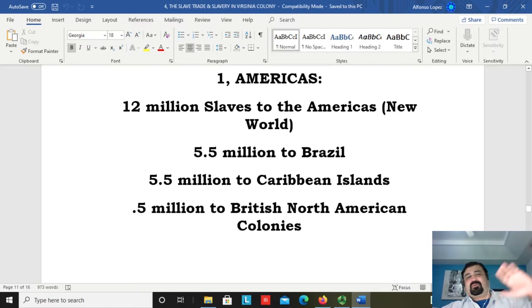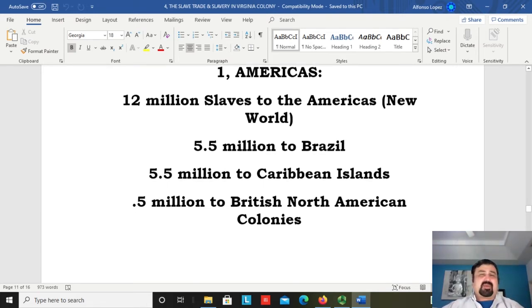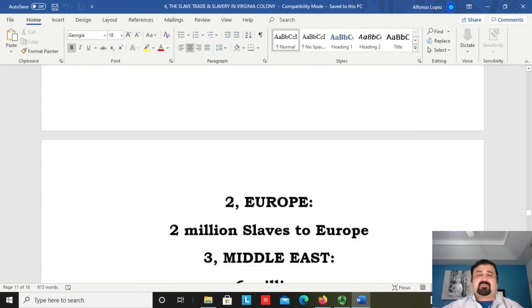So the great majority of the African slaves that were moved to the Americas went either to Brazil or the Caribbean islands. And only a tiny fraction, 500,000, came to the British North American colonies, like Virginia, for example, Carolina, Georgia. So the vast majority are going to go elsewhere, not to North America. This is very important.